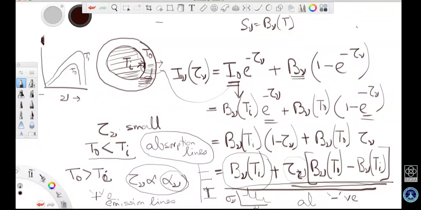So that's what I meant. If the absorption coefficient is large at these spectral lines, then tau is directly proportional to the absorption coefficient, so tau is also large. Okay. Thank you.